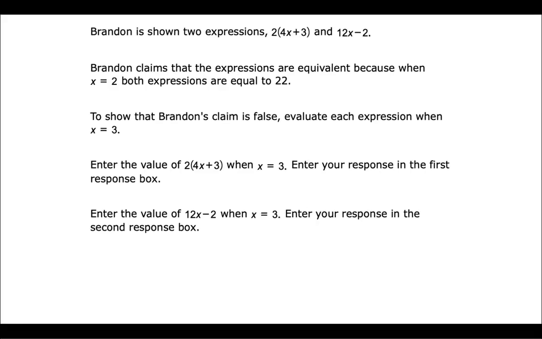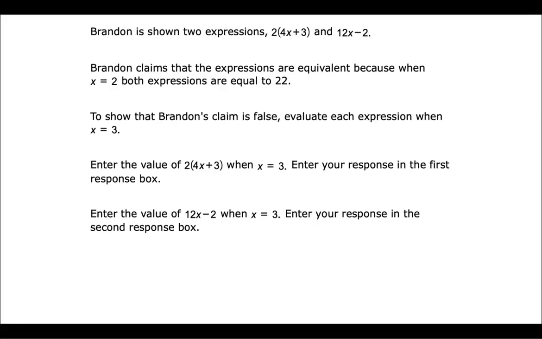Enter the value of 2 within the parentheses 4x plus 3 when x is equal to 3. Enter your response in the first response box. Enter the value of 12x minus 2 when x is equal to 3. Enter your response in the second response box. Go ahead and pause the video and work on this problem.